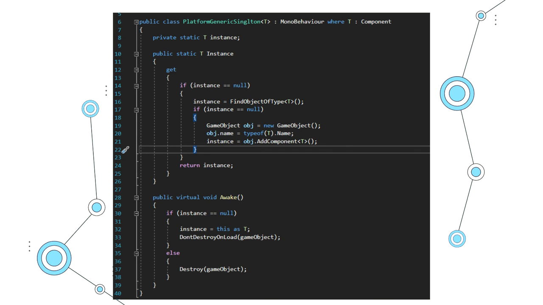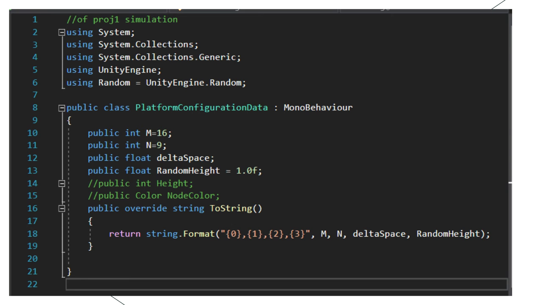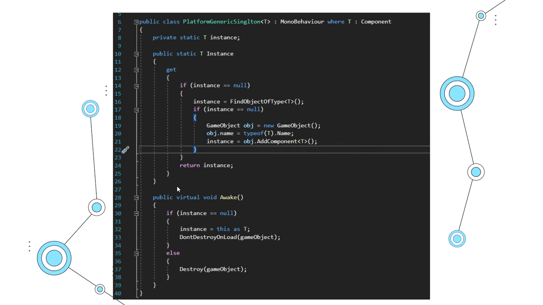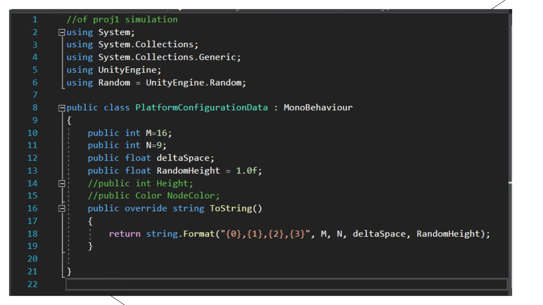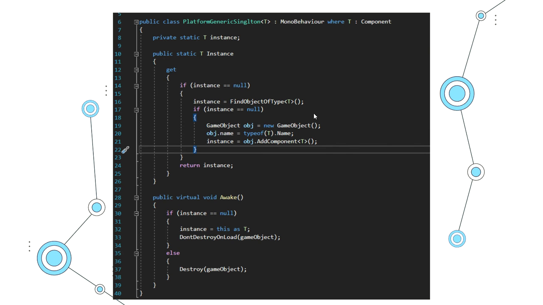For example, if we go back to the previous slide, if we have multiple objects that use this script, all of them are going to have different m values, different n values, different spacing values, and different height values. By using singletons, all the objects are going to be using the same instance of a class, meaning they're all going to share the same values. For example, they would all share the same m values, the same n values, the same delta space values, and so on. So singleton allows us to do that, right?